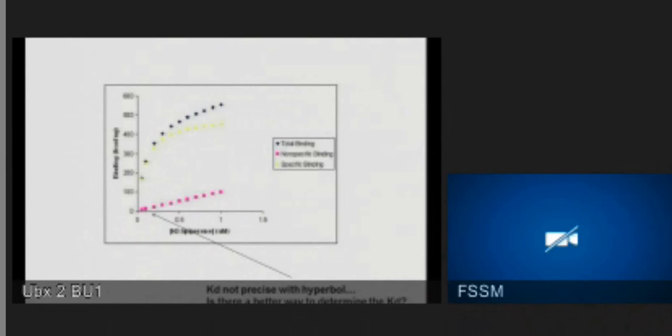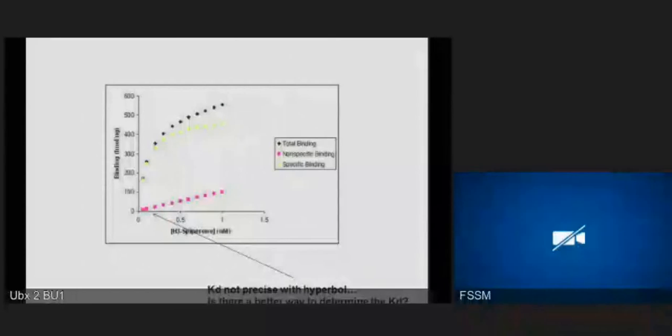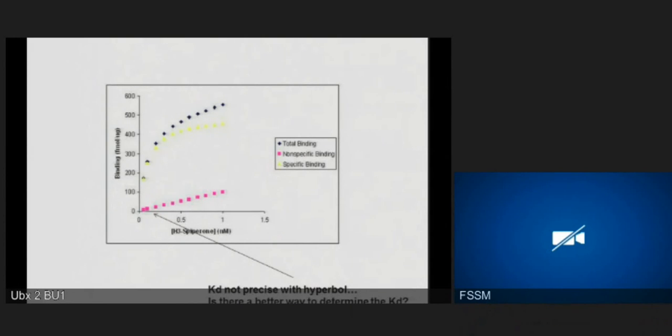Then, is there a better way to determine the KD? For those of you who already did enzymology or pharmacology, they won't like what is coming, and for the other ones, maybe they won't like it either. But what is coming is simply a way to take the mathematical arguments of the hyperbole and transform it into a straight line.